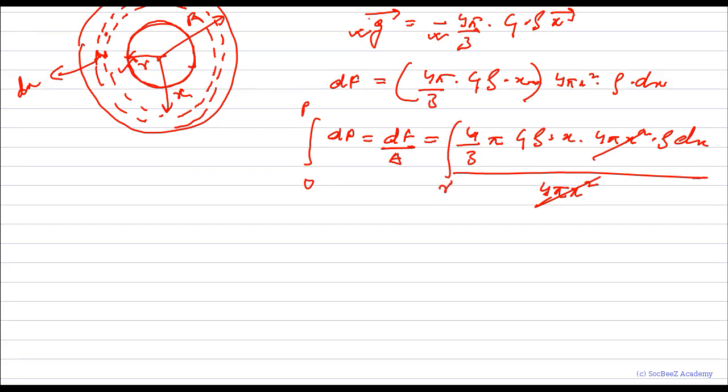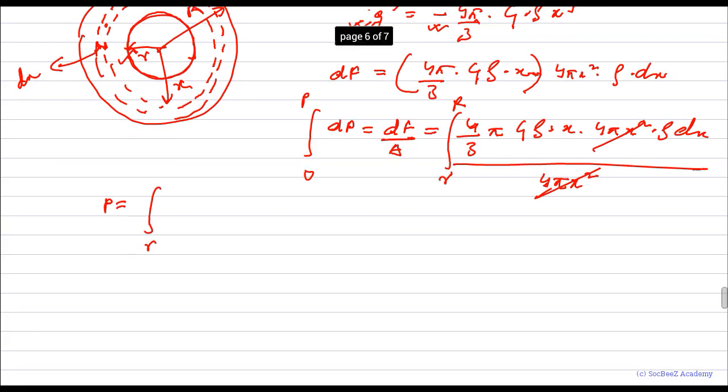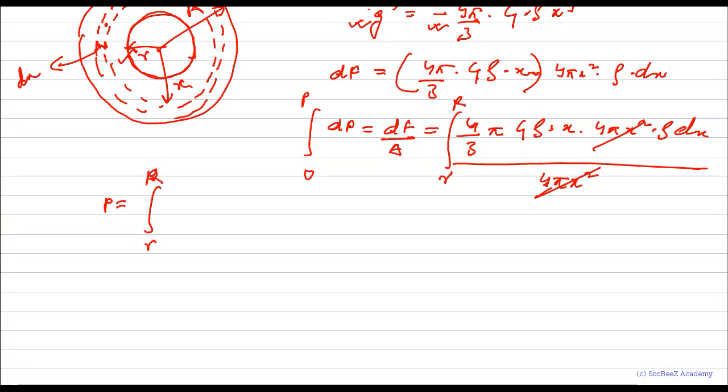This integral is going to be from small r till capital R. So this gives me p as integral of small r to capital R, 4 by 3 pi into G into rho square into x dx.